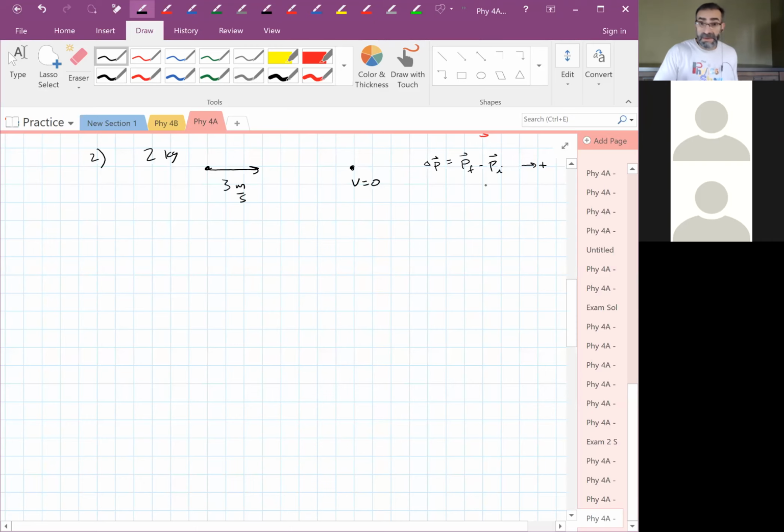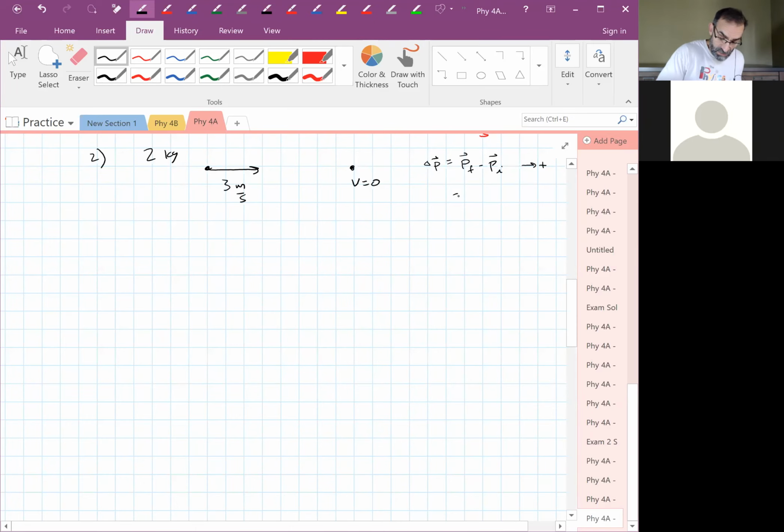So if I did it numerically, I can define the right as my positive direction. My final momentum is 0. My initial momentum was 2 times 3. So I get -6 as my change in momentum.